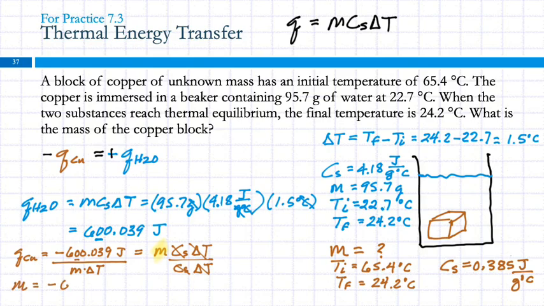So I've got negative 600.039 joules divided by, yeah, I screwed up. See over here? I divided by mass. I don't know why I did that. I want the specific heat capacity in there. That's better.